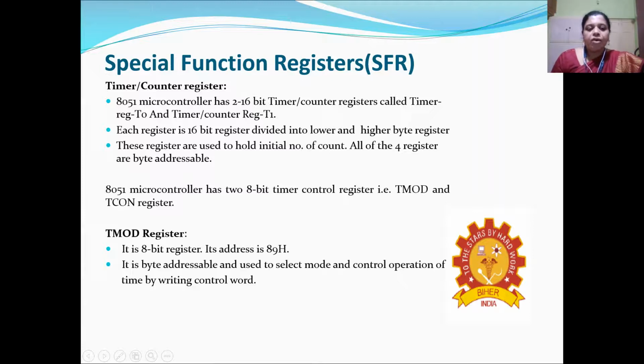These registers are used to hold the count. The basic purpose of a timer is to introduce delay in the system, and of a counter to count the number of events. For that purpose we have these timer and counter registers, which are byte addressable.